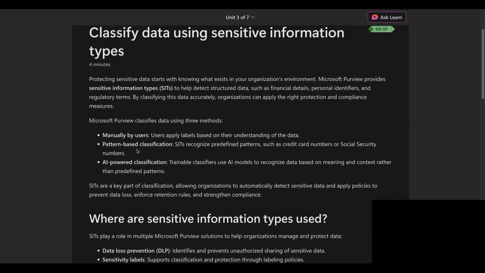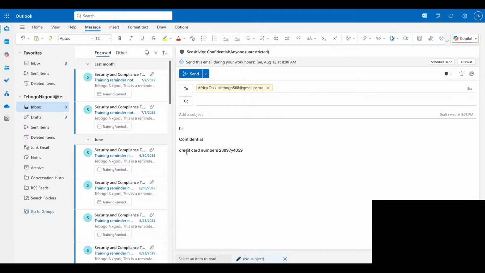But if I was using pattern-based classification, if I was not doing it manually like I just did, the sensitive information type will recognize the predefined pattern, such as the credit card number. That means immediately when this data was here, it was going to be recognized. Let me show you.